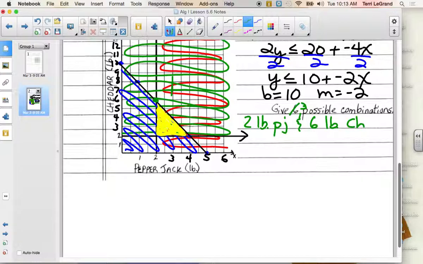By the way, can she buy parts of, like, half pounds of cheese, you suppose, and quarter pounds? Probably. Okay, great. 2.5 pounds of pepper jack and 3 pounds of cheddar. Okay, so that'd be right here. That looks like a good one. 2.5 pounds pepper jack and 3 pounds cheddar.